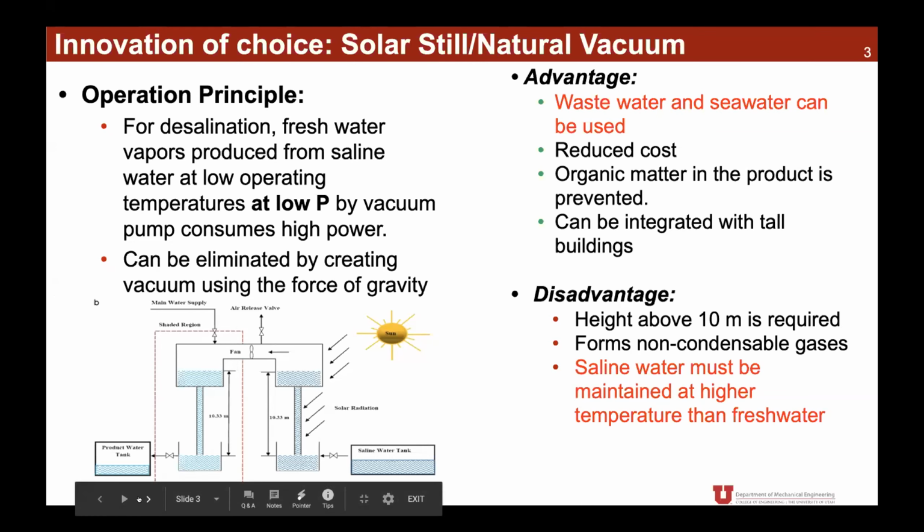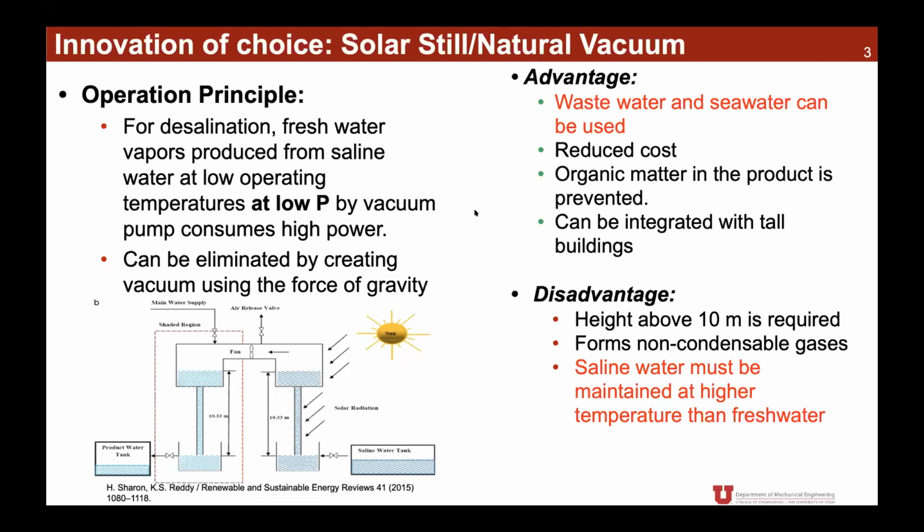Joseph, a quick question. When you say non-condensable gases, what do you mean by that? I'm not familiar with this. There are some gases produced from the passive radiative cooler that can be harmful, but that is something we should be able to handle. So it will be inside that vacuum chamber. That's what you mean. Mm-hmm. And it's going to mess up the vacuum because it's basically going to reduce the vacuum.